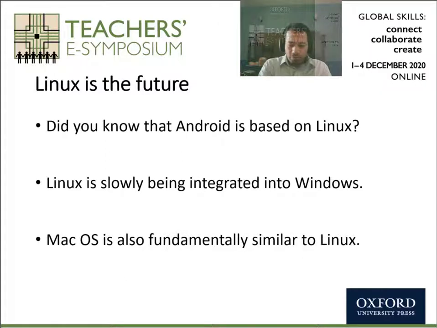And Windows is like the most popular desktop operating system right now. And we are slowly migrating towards more easy to use operating systems. If you look at Windows 7, you look at Windows 10 now, they have the same name, but they're very different in how they are operated.